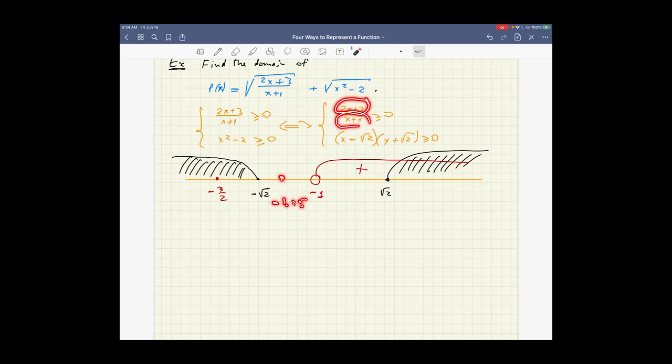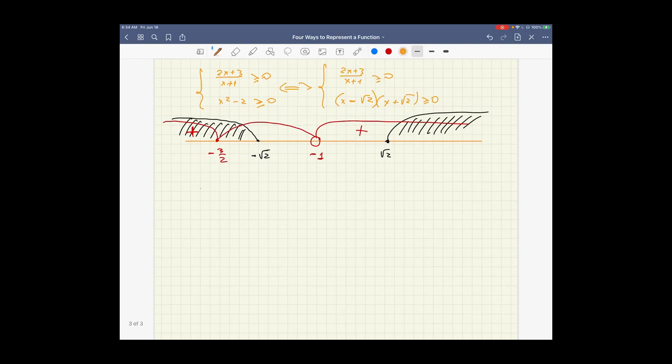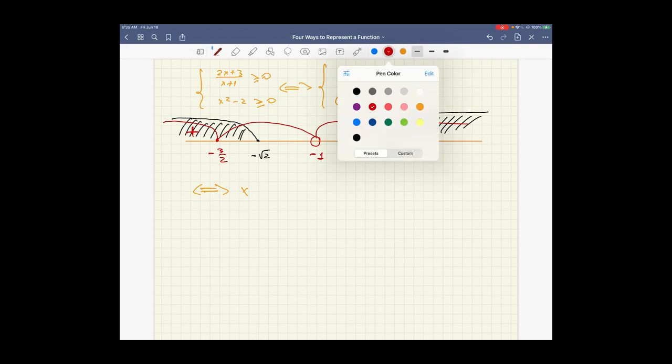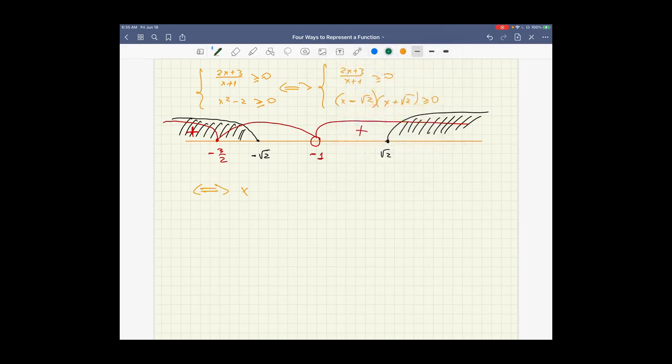But the denominator x plus 1 will be negative. So the ratio will be negative. And to the left of negative 3/2, we again get the fraction positive. So we find that the solution to this system simply is the union of two intervals from negative infinity to negative 3/2.